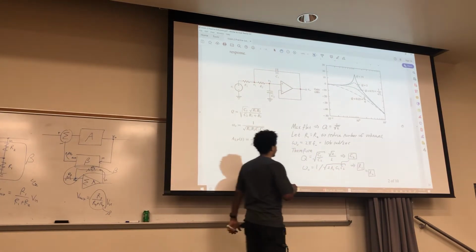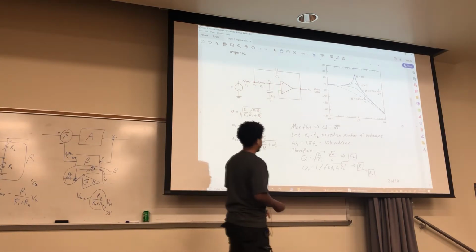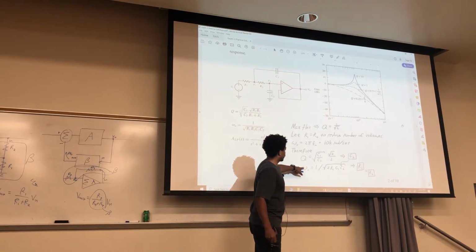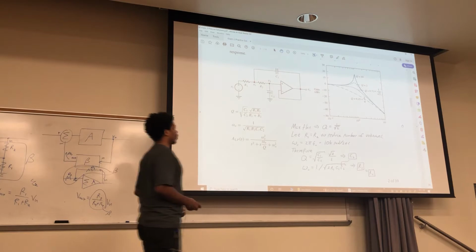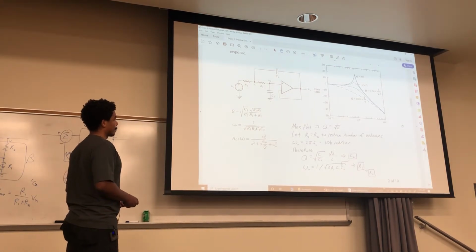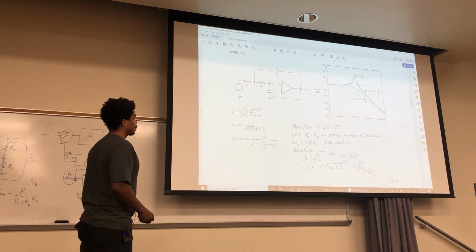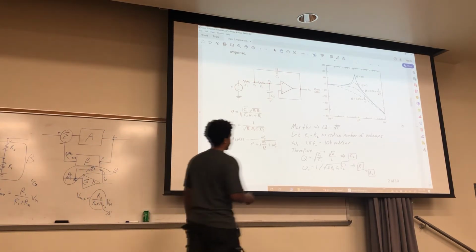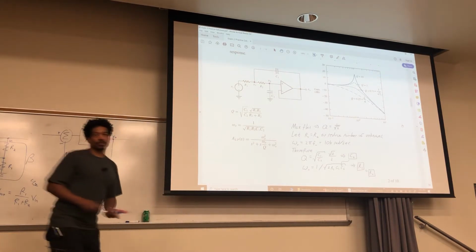So there's a continuum of values that you'll get a Q of that and a frequency of this. It's not unique to any one particular set of values, so you have lots of freedom. But once you do that, then you finally have 2 equations, 2 unknowns, and then it becomes solvable.